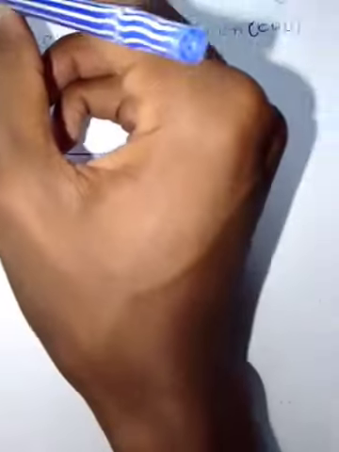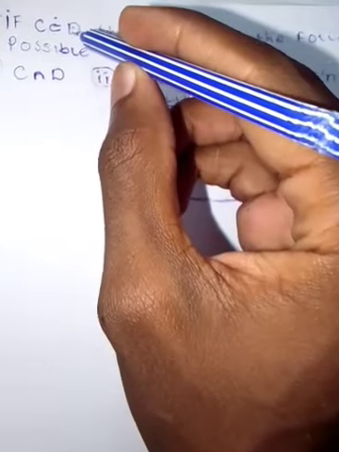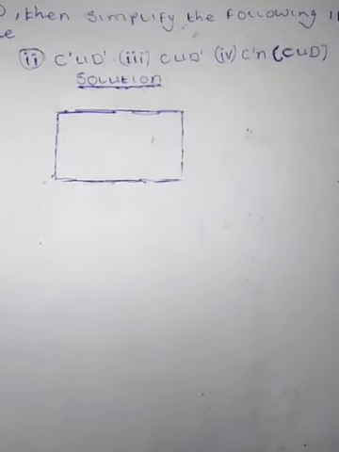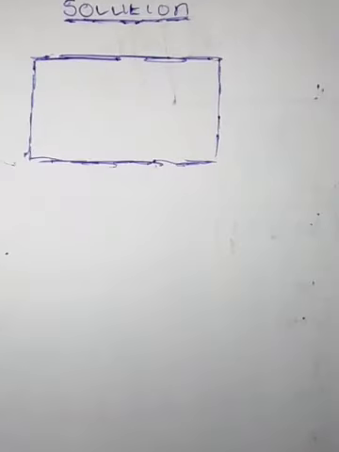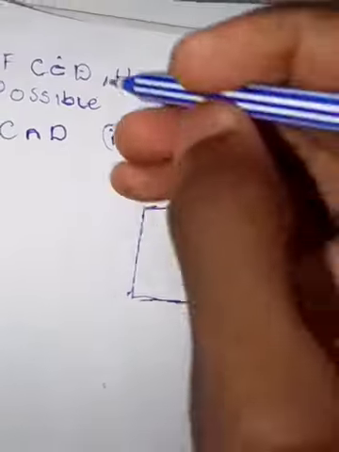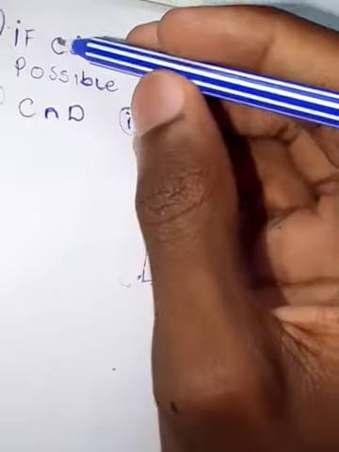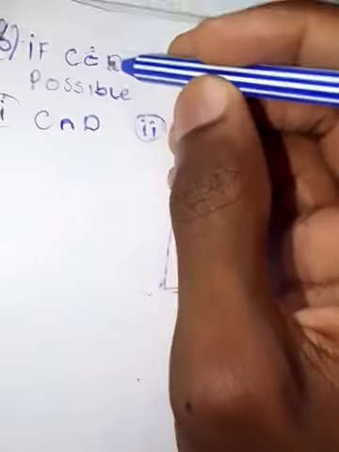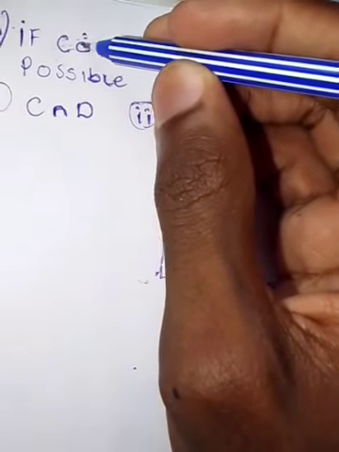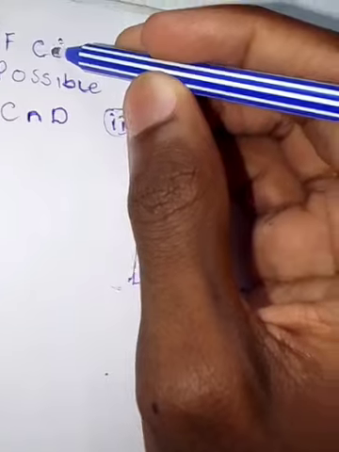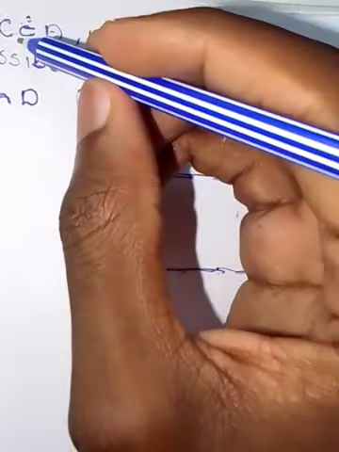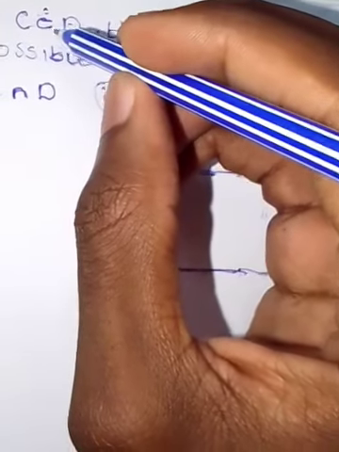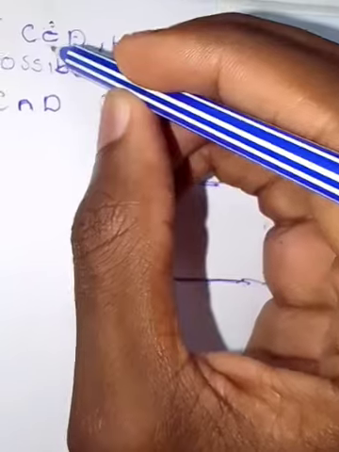They have said that C is a subset of D, meaning C is in D, so the whole of C is contained in D. For the fact that they have said it is a proper subset, as you can see, there is no equal sign here, there is no equality.